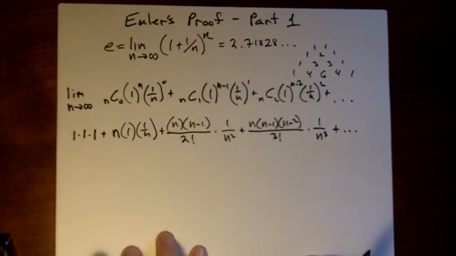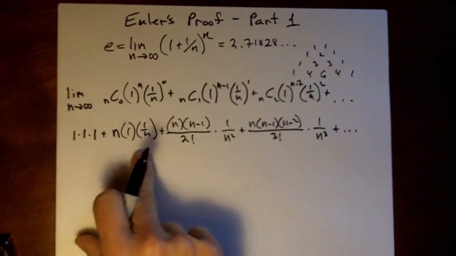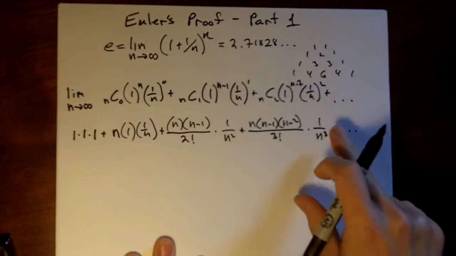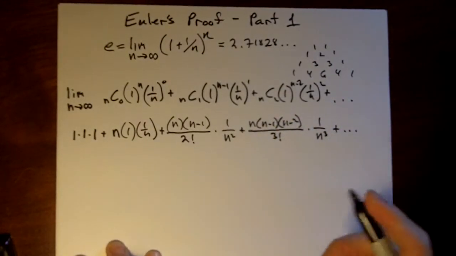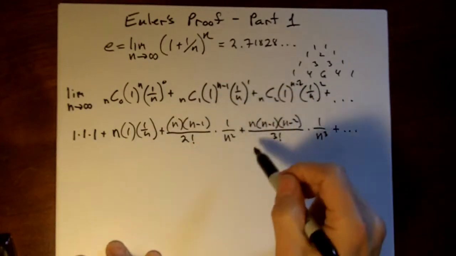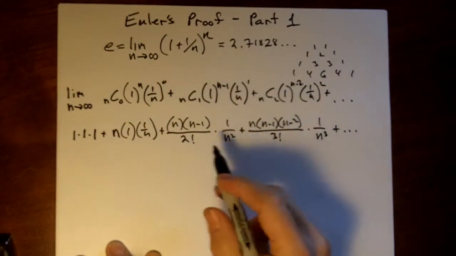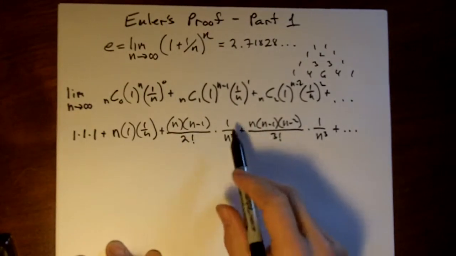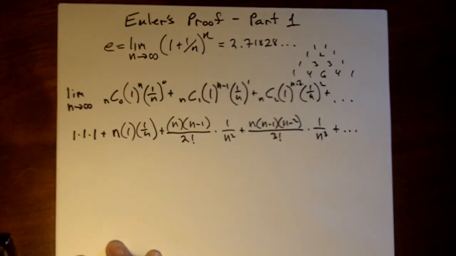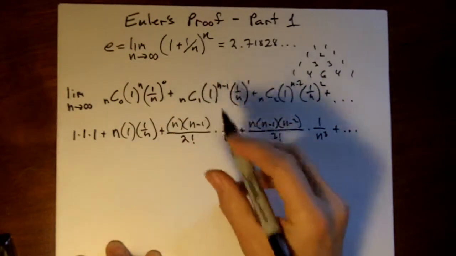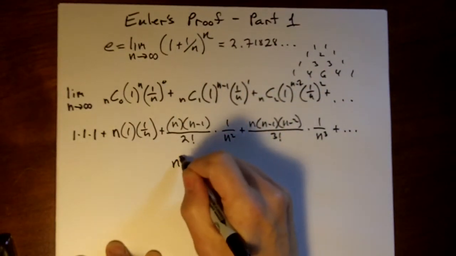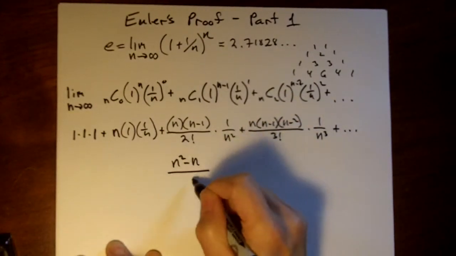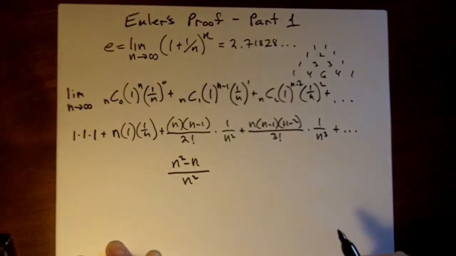Okay, so these first couple terms are pretty simple, but now things start to get a little more complex. So let's just examine a couple of these terms. I don't care about the 2 factorial, because I know how to deal with that. What I'm worried about is this n stuff. If I multiply this out, I'm going to get n squared minus n, and I'm going to bring the denominator underneath, over n squared.